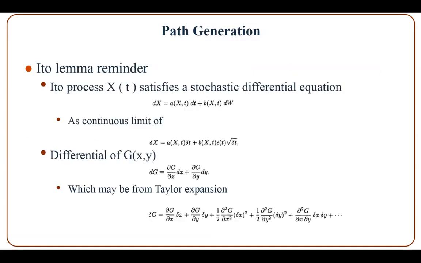This slide shows the reminder for Ito lemma. Given an Ito stochastic differential equation, which can be considered as a continuous limit of another. And notice the differential of a function g of x and y, which may be from the Taylor expansion.